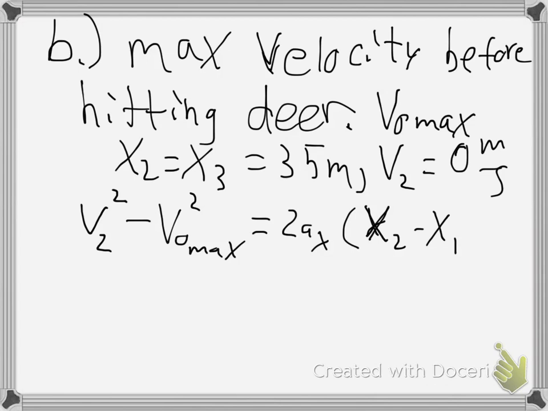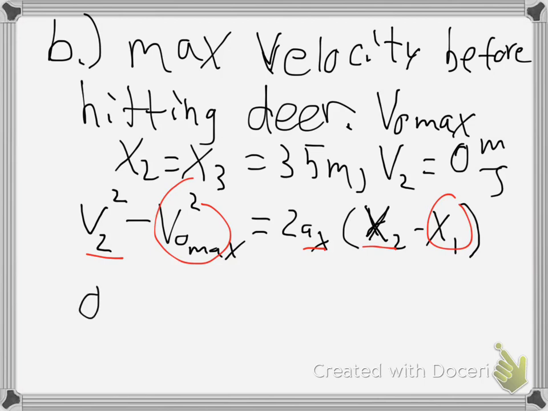A few of these we already know. We know what V2 is, we know what a is, and we know what x2 is. So we actually know these three variables, but there are two variables that we don't know, this one and this one. So let's rewrite it with the variables that we do know.